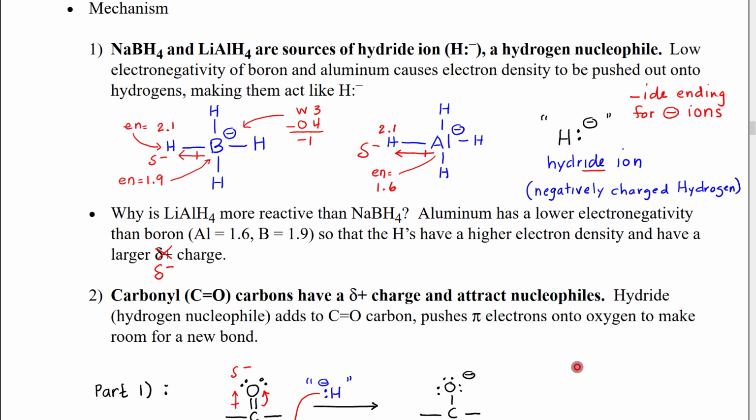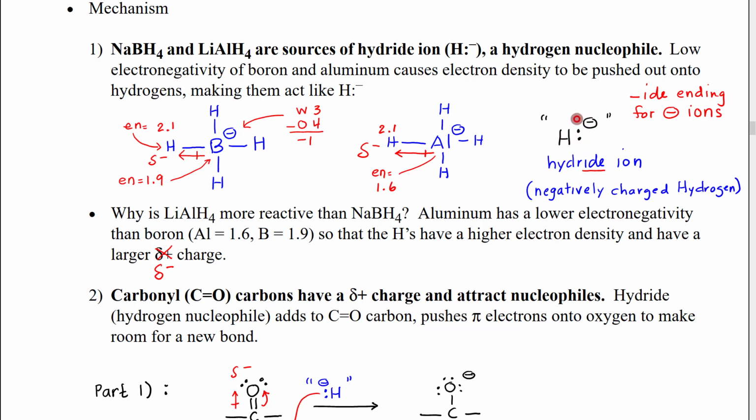Looking at the mechanism, I first want to start with explaining these hydride reagents. These hydride reagents are essentially sources of something that behaves like hydride ion. Hydride ion, over here, would be a hydrogen with 2 electrons on it by itself. If we calculate the formal charge of that, the hydrogen would want 1 electron, it would own 2, so 1 minus 2 is -1.